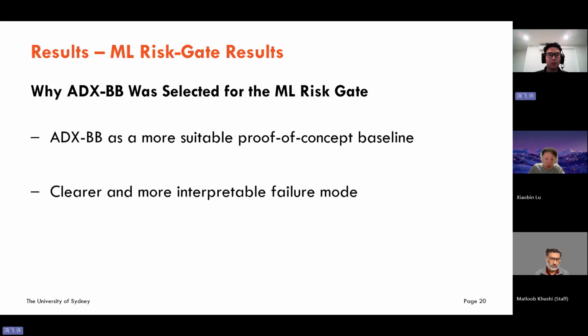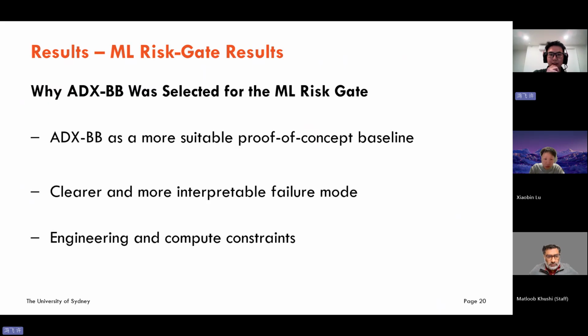So now we go to our machine learning part. I just picked one strategy for the machine learning because there are three reasons. Just as I said, the ADX Bollinger Band strategy is more suitable as a proof of concept baseline, and it has a clear and more interpretable failure mode.